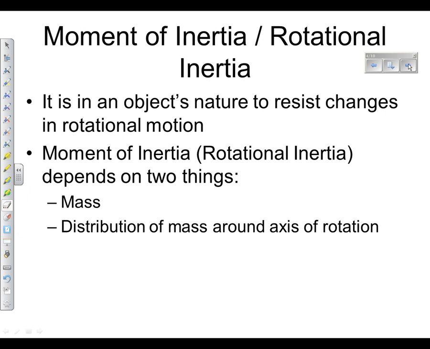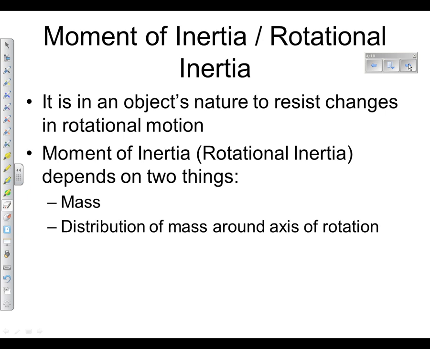So, the object that wins is the object that has less rotational inertia, because it's easier to get it to roll down the ramp. The object that loses has more rotational inertia, because it's slower to get moving.